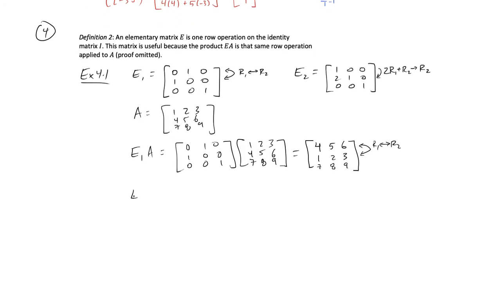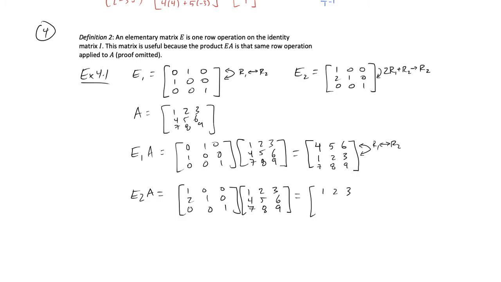Let's do the second one. This one's a little more algebra. So we have 1 0 0, 2 1 0, 0 0 1, and we're going to multiply that matrix and 1 2 3, 4 5 6, 7 8 9. So you can see that the first row is going to just produce the 1 2 3 row.